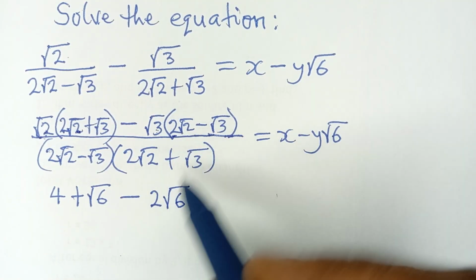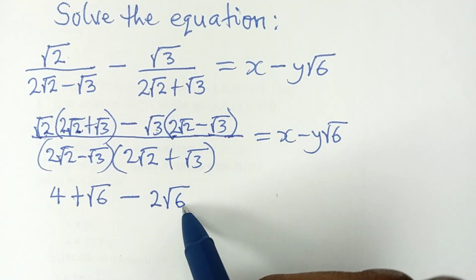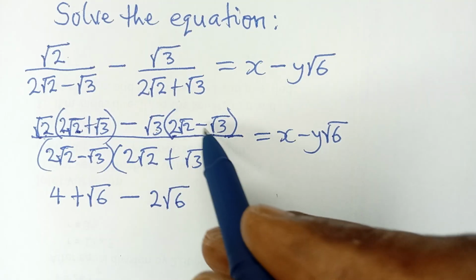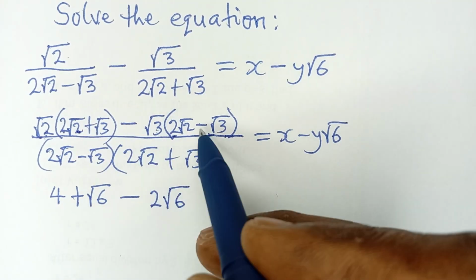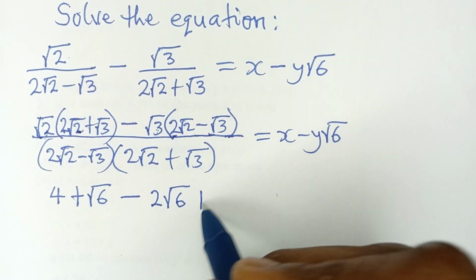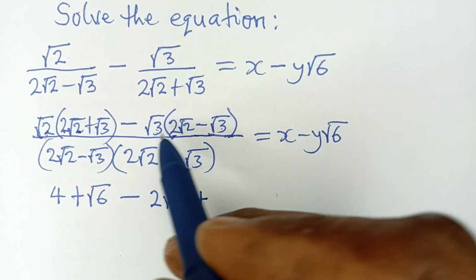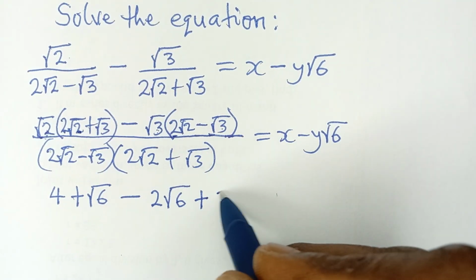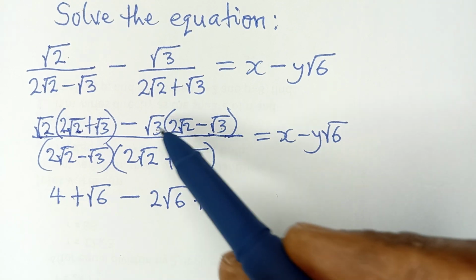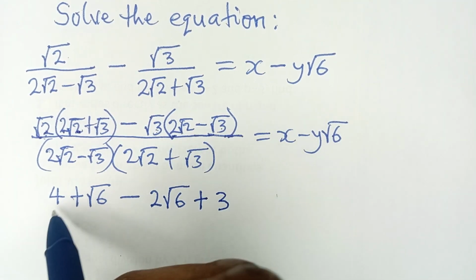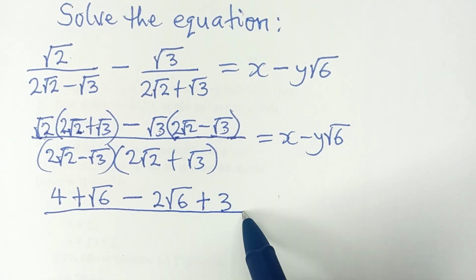So when this multiplies this, it gives us negative 2 root 6. Then negative root 3 multiplied by negative root 3. Don't forget, negative multiplied by negative becomes positive. Then root 3 multiplied by root 3, they are both the same term. So the answer is 3. Just simply take what is inside the root sign since they are the same. And then everything divided by.